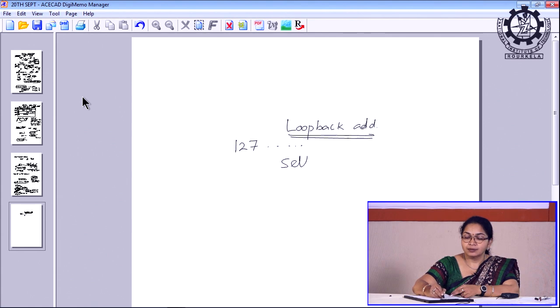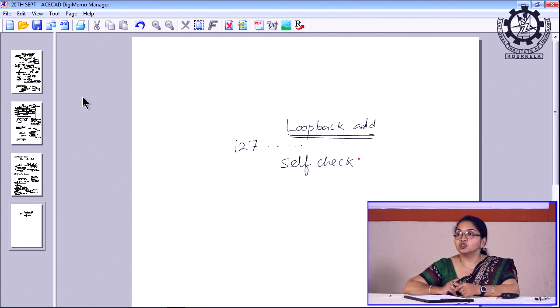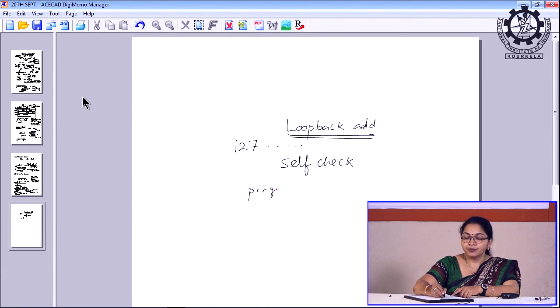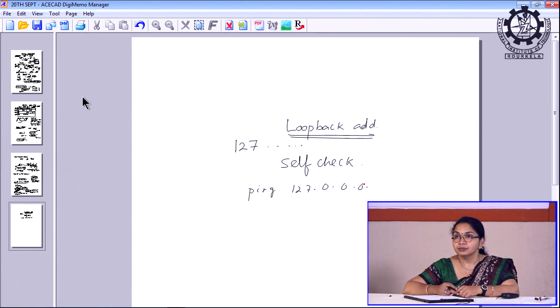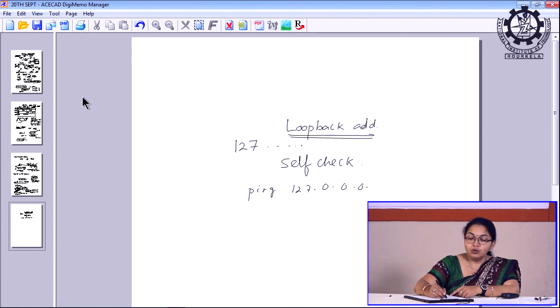It is an address to check that your host is connected to the network, to any network, or that the network protocols or the network software are active in your host. So you say ping 127.0.0.something and you get back a message immediately. This is what a loopback address is.